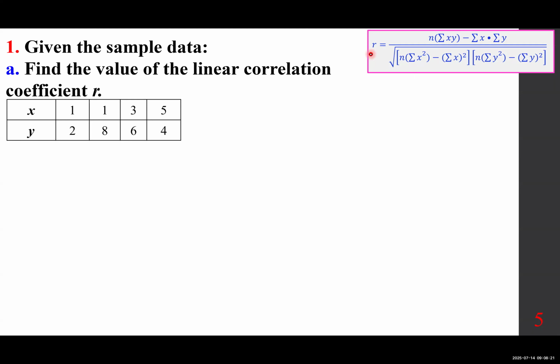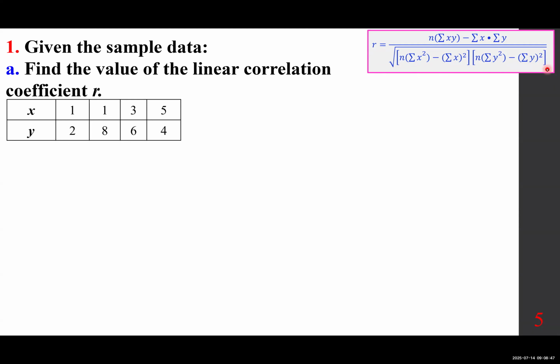R is n summation of xy minus summation of x times summation of y, over the square root of brackets n summation of x squared minus summation of x quantity squared, close brackets, open brackets, n summation of y squared minus summation of y in the parentheses squared. It's a very interesting and sort of complicated formula.